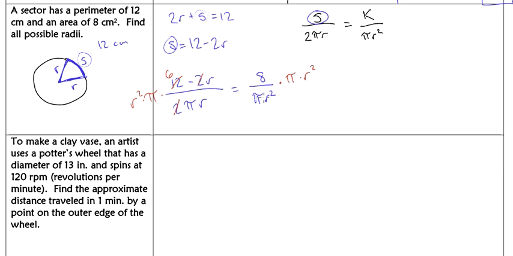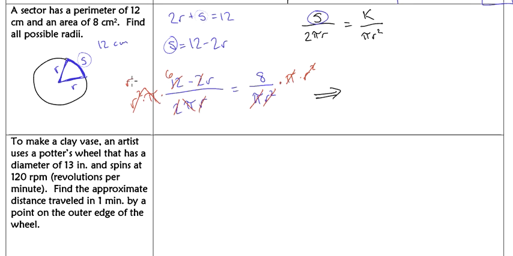That'll get rid of all of our denominator here. So pi divided by pi is 1, radius squared divided by radius squared is 1. Over here, pi divided by pi is 1, and radius squared divided by the radius leaves us with just 1 radius to be multiplied by the numerator here.